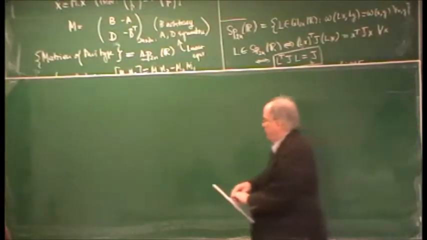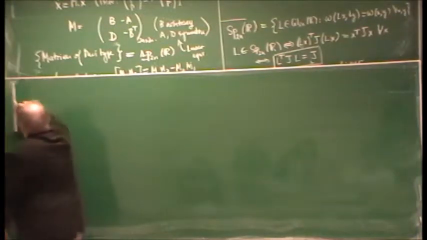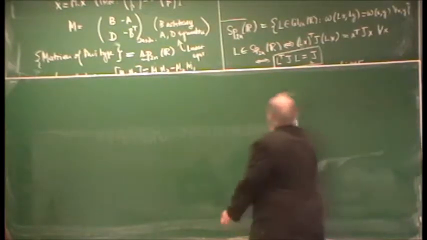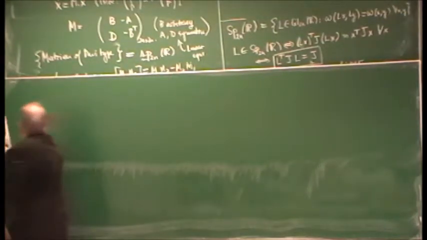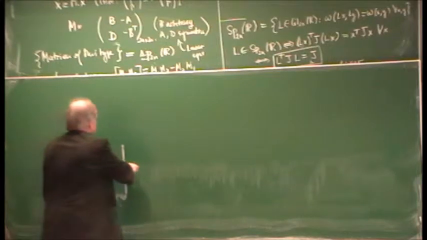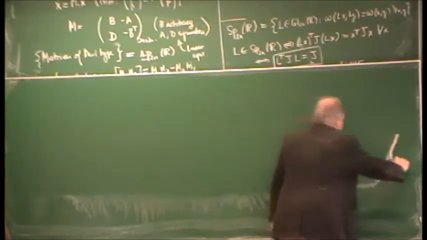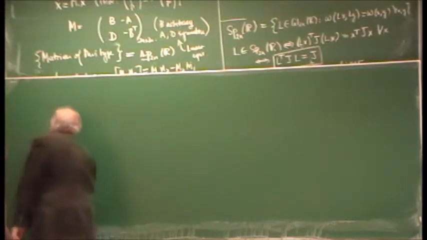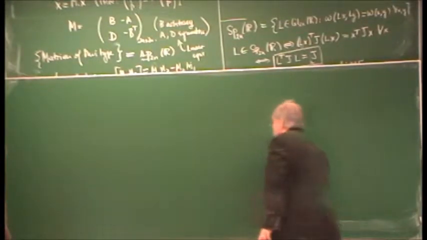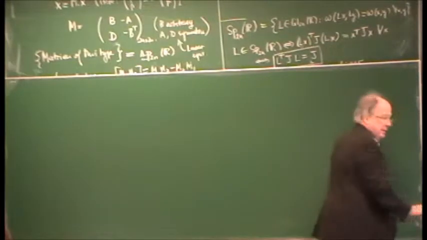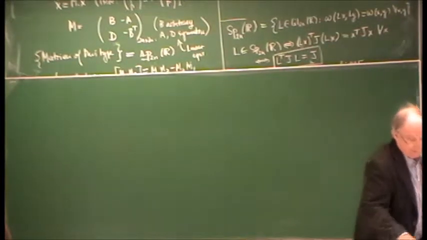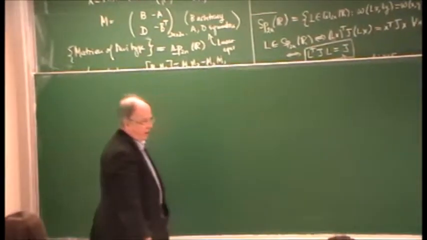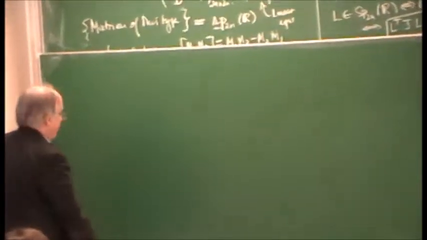So I want to go to the general case now. Which is extremely beautiful mathematics and puts a huge amount of physics in a nutshell, but of course we use all of this mathematical formulation.